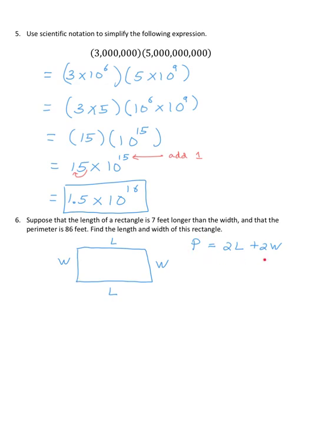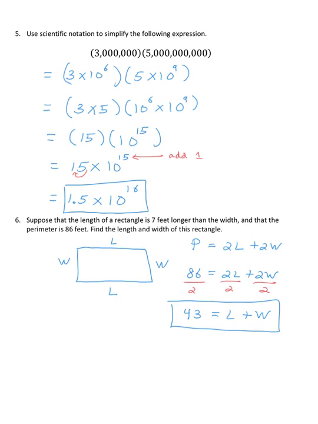So here we have a formula about the perimeter, and we're given that the perimeter is 86 feet, so I'm going to put 86 in place of P. If I divide both sides by 2, my equation becomes 43 is equal to L plus W.